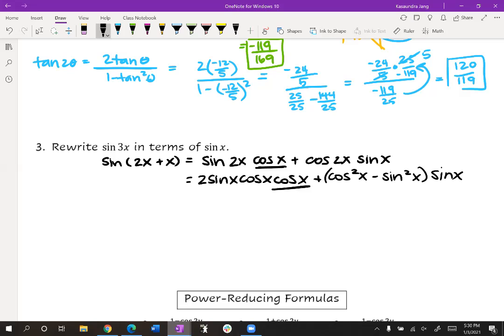Okay, so I can simplify this down a bit. I've got a couple of cosines multiplied together here. And then I can distribute my sine of x. On this one, I've got a sine x cosine squared x, and then minus sine cubed of x.